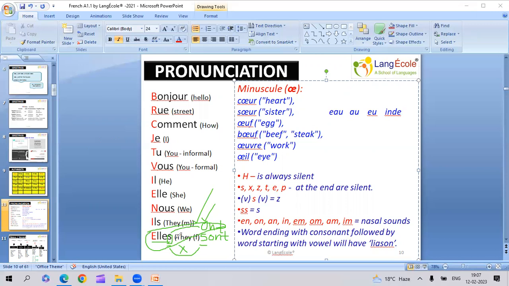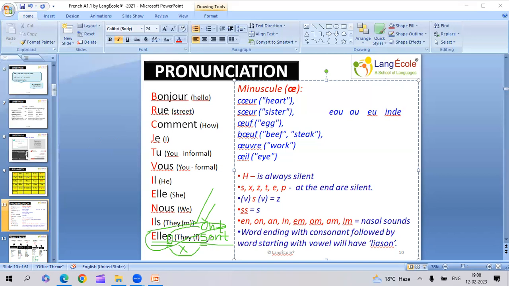Elle sont. E is not A, right? Elle sont. And what will be the pronunciation in this case? Elle zont? Why? Because the S is not between two vowels. Even if you take it together, these are double S, so it is an S sound.